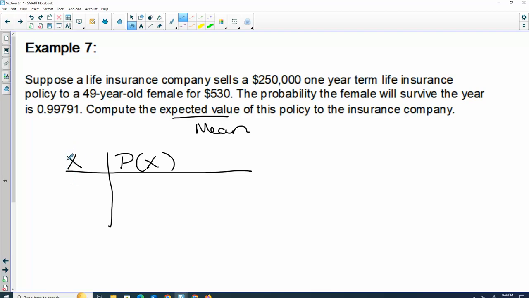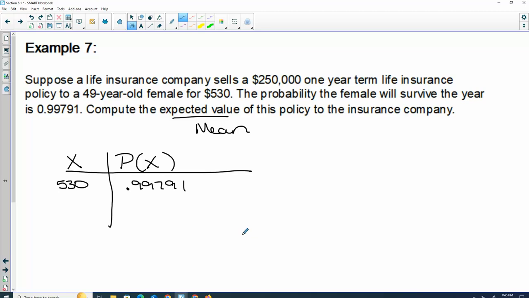So if the person survives, we said the company makes $530. What is the probability they get to keep that $530? 0.99799.